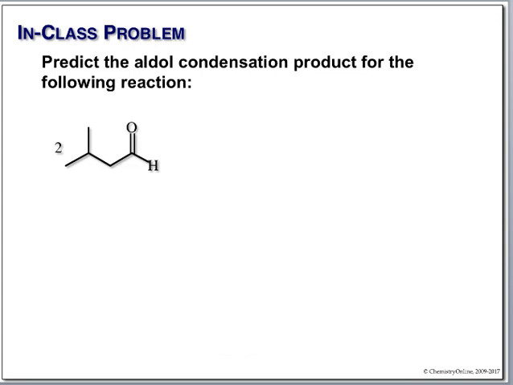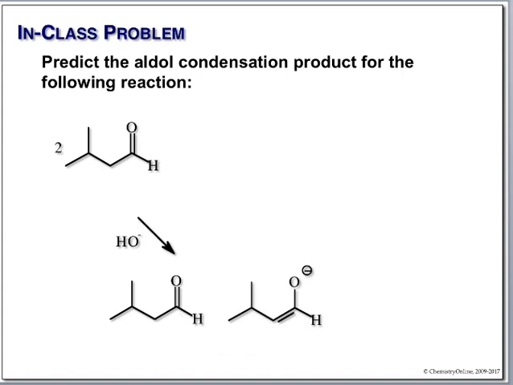Step 2, you want to take the alpha carbon and attack the carbonyl of another mole of this stuff. So step 1, we're going to enolize. Here's our butanal, and there's the enol.